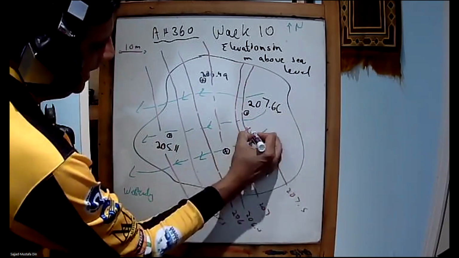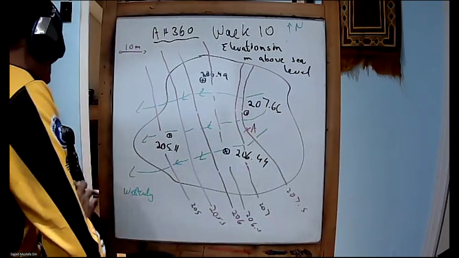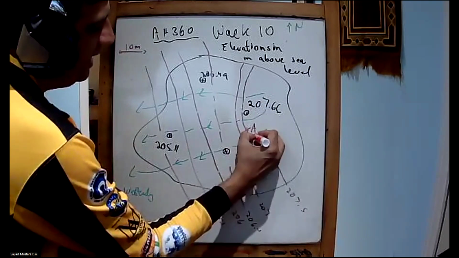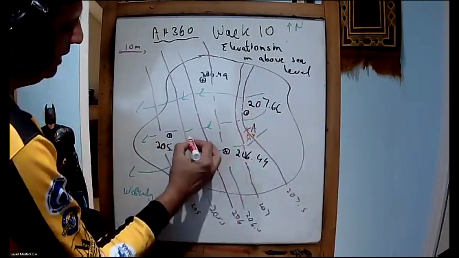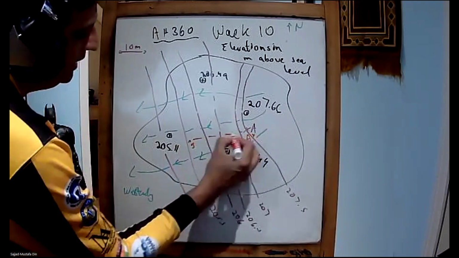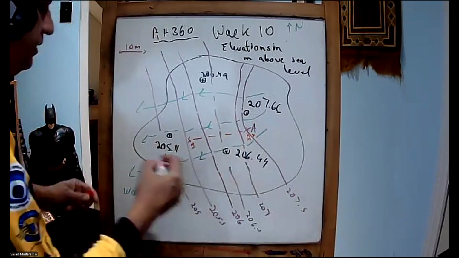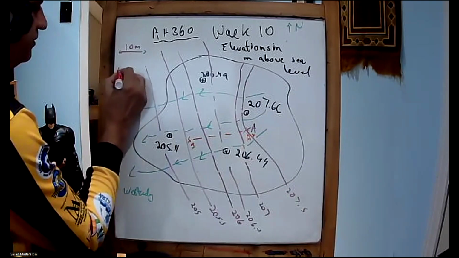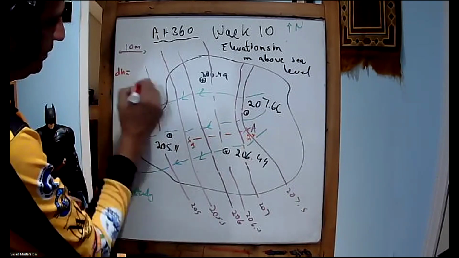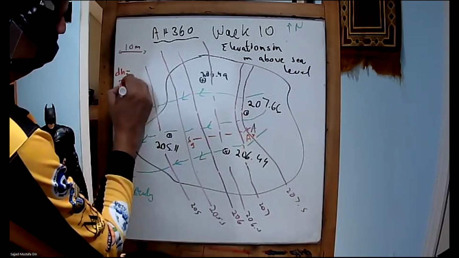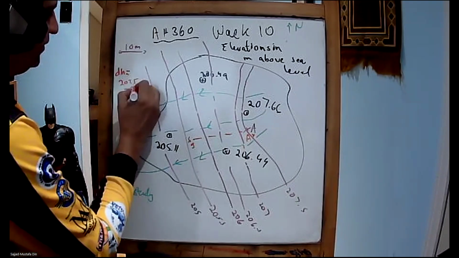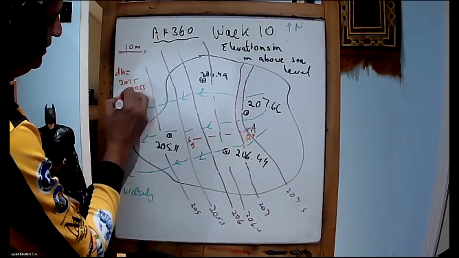I'll say point A and point B, in red. Between point A and B, DH is going to be, so point B is 205.5, and this is 207.5. So it's 207.5 minus 205.5, which is equal to 2.